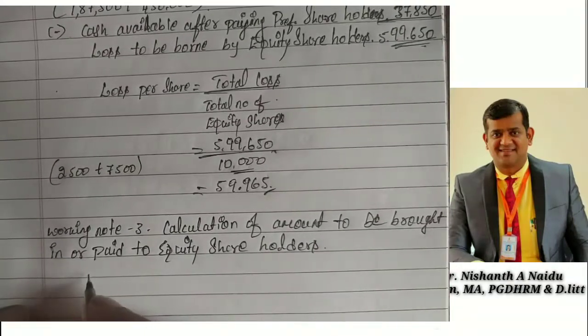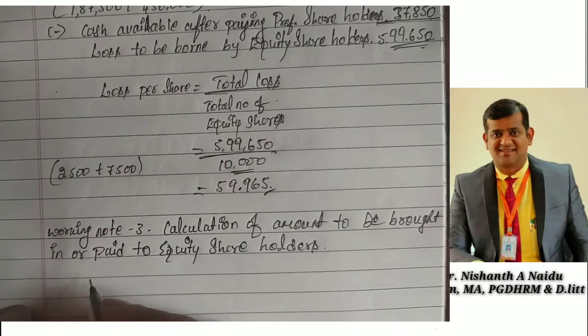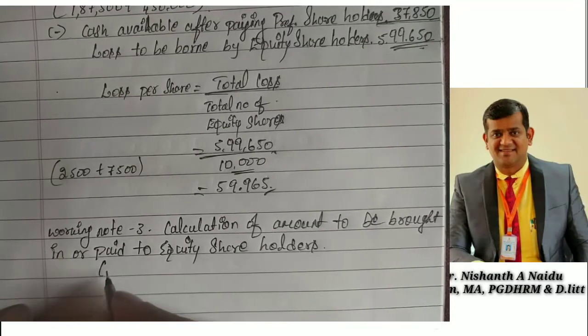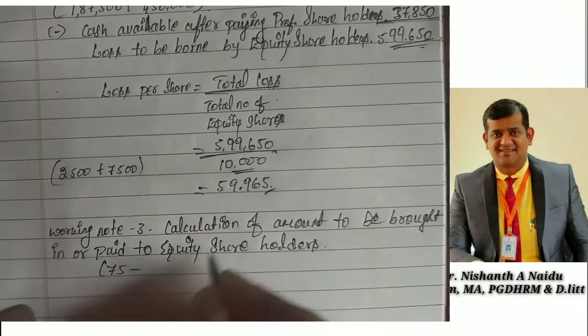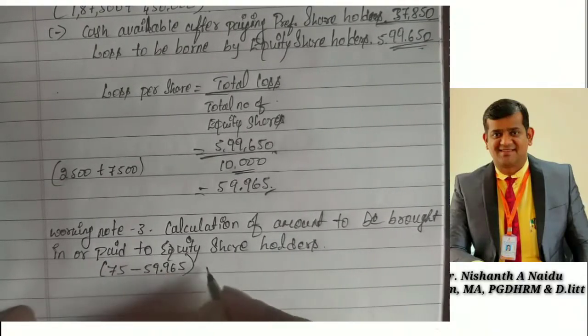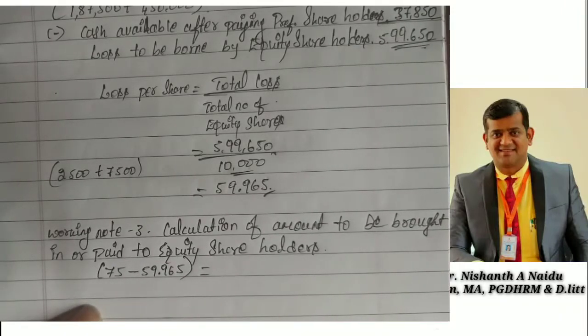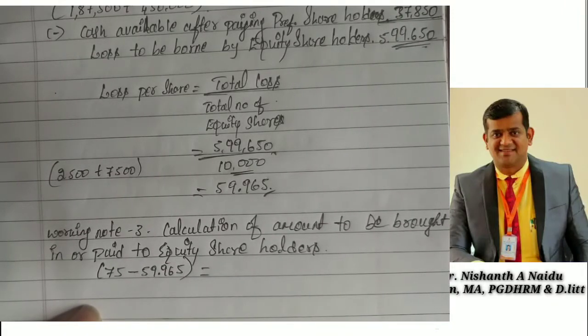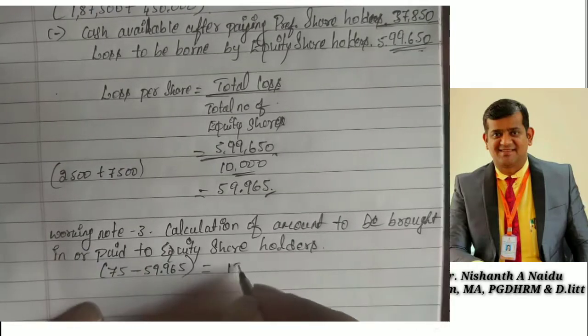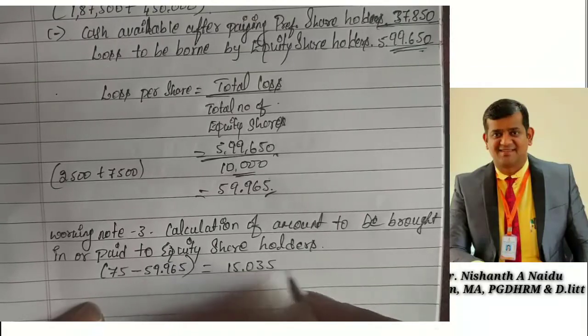So now these 2,500 shareholders paid how much? They have paid 75, right? So 75 minus loss 59.965. The difference is 15.035.